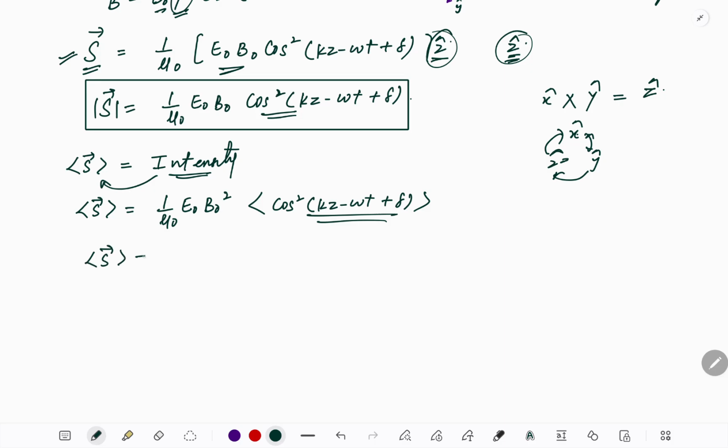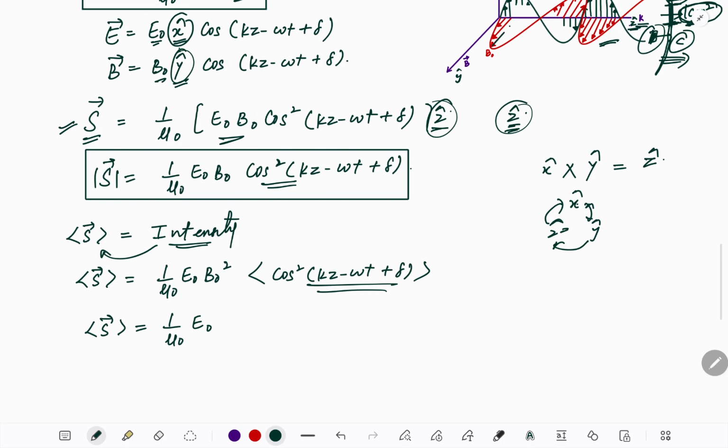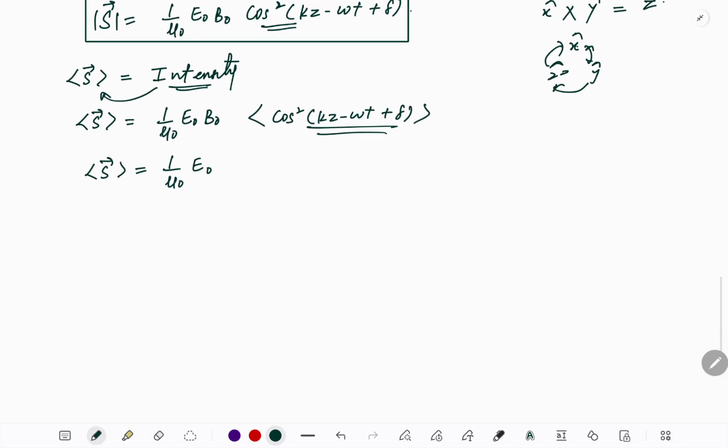So the average of the Poynting vector, which we call the intensity, equals 1 over 2 mu 0, E naught B naught. I hope you get it.